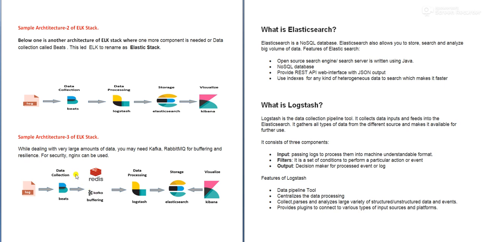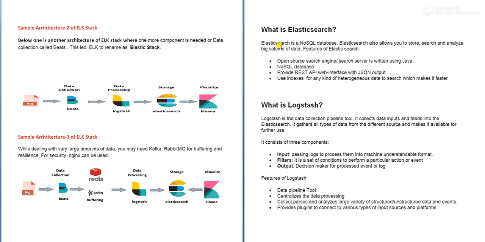For security reasons you can also add Nginx, which acts like a proxy. The rest of the components are the same: Logstash, Elasticsearch, Kibana are the main 3 components. After that there will be Beats, for buffering of large amounts of data you can use RabbitMQ or Kafka, and for security purposes you can use Nginx.